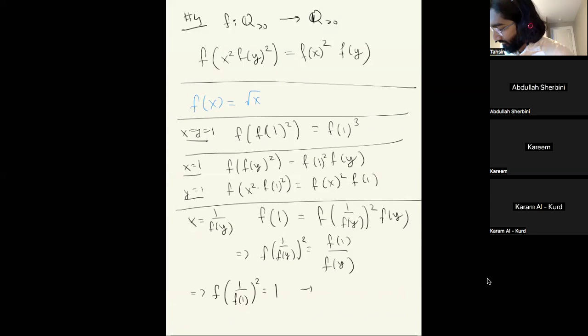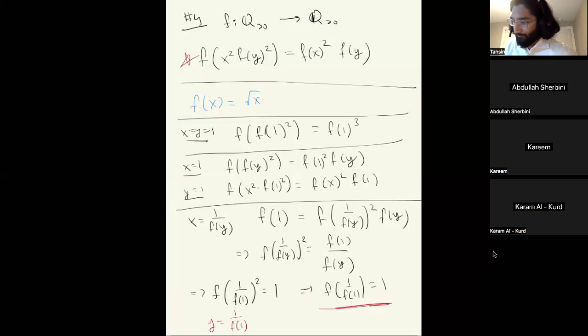So in particular, we also have just without the square, f of 1 over f of 1 is equal to 1. So actually now there's something kind of clever we can do. Can we substitute y equals 1 over f of 1 in the initial equation? That's right. The substitution is y equals 1 over f of 1, and we go into the original equation.